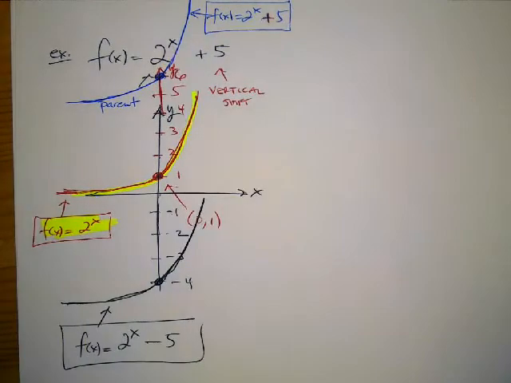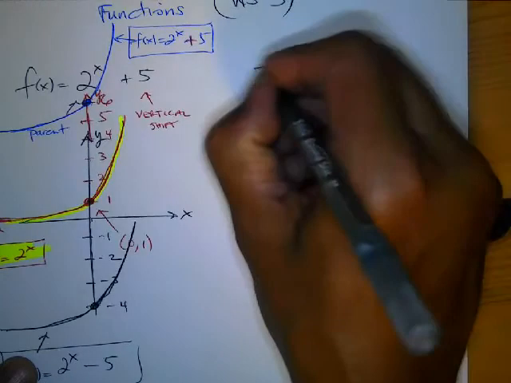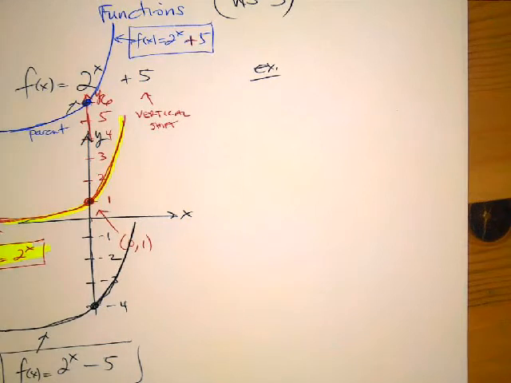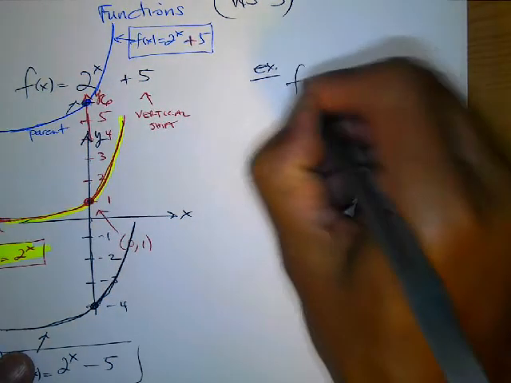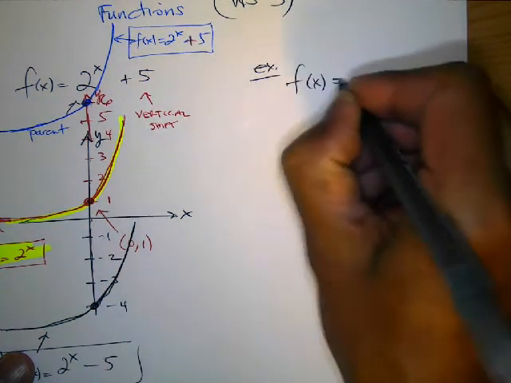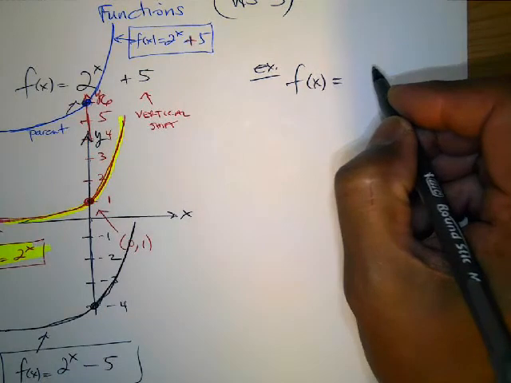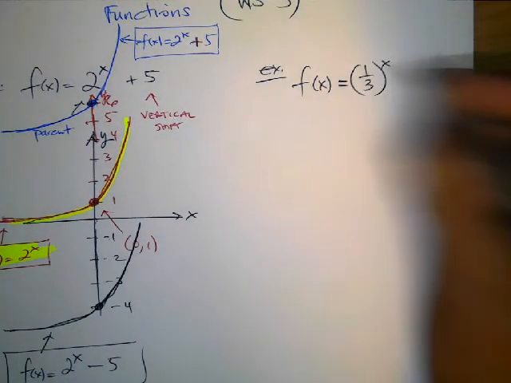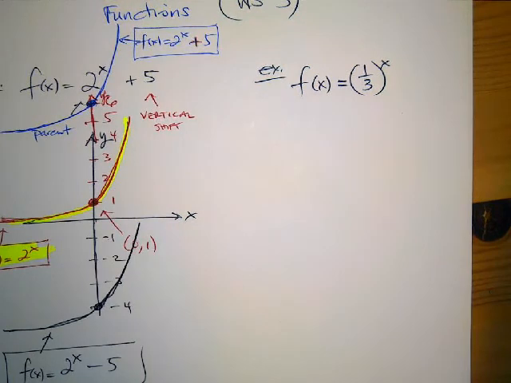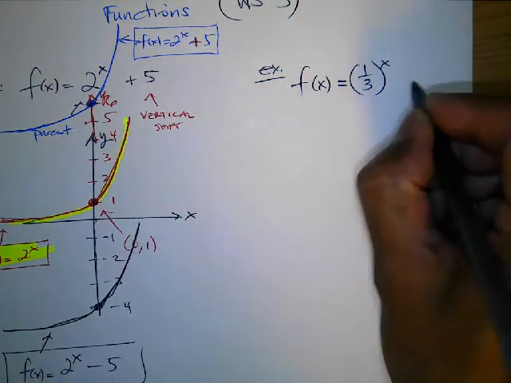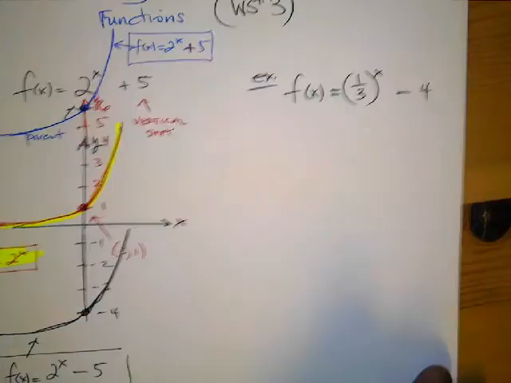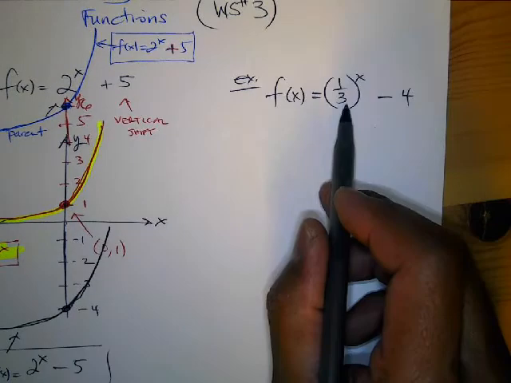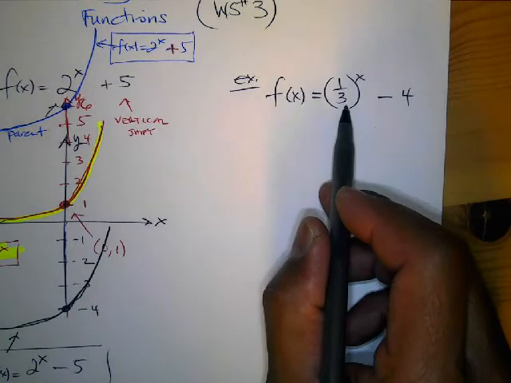Okay, so we saw these increasing functions, and then similarly we saw decreasing functions. Decreasing functions are the ones that are going to have a fraction, like 1/2 or 1/3. Let's just go with (1/3) to the x, and let me go with minus 4. I'll just do a quick one here.